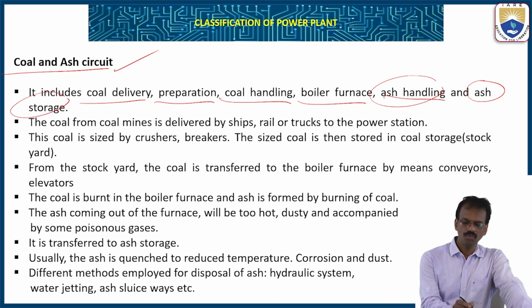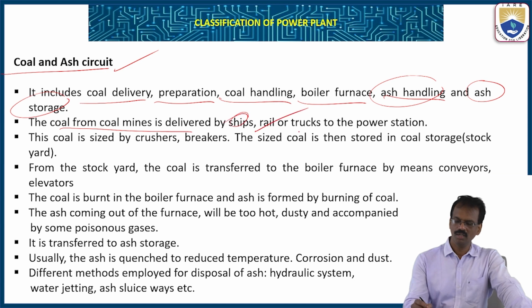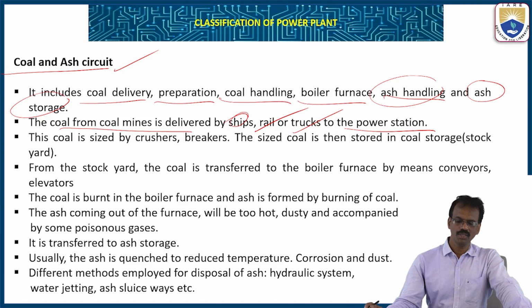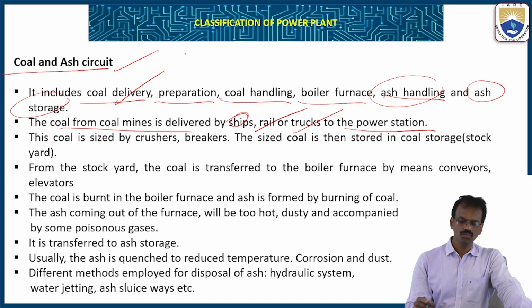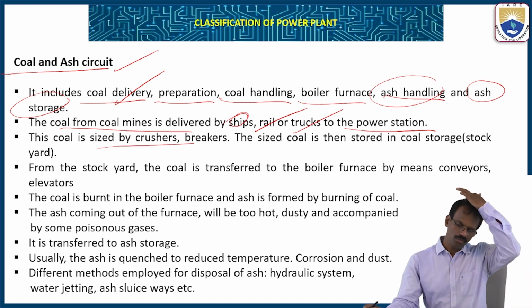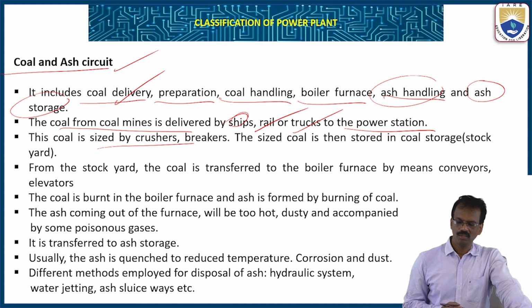First of all, the coal from coal mines is delivered by ships, rail or truck to the power station. That is the delivery of the coal. Next, this coal is sized by crushers or breakers. So sizing into required size, preparing the coal in required sizes for the furnace or for the boiling purpose.